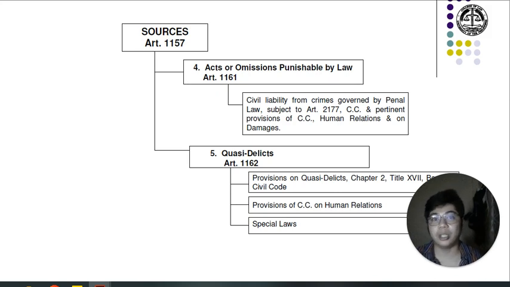Otherwise, B will be unjustly enriched at the expense of another. So again, we need to stick to the principle nga pag dili bayaran ni B si A, then magiging unjustly enriched siya, dawat siya benefit at the expense of A.